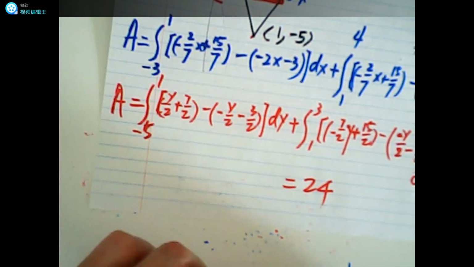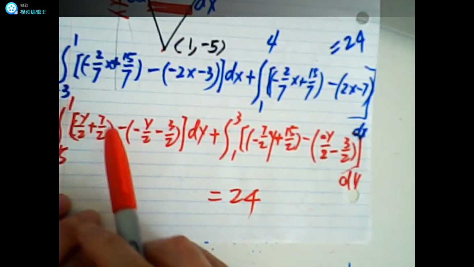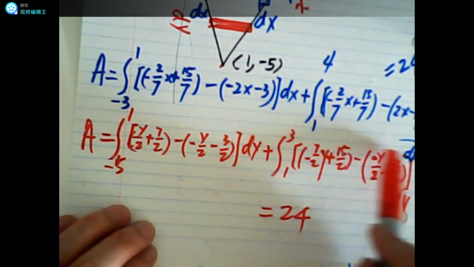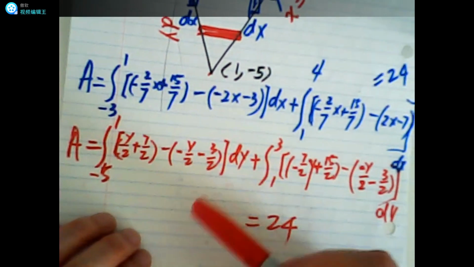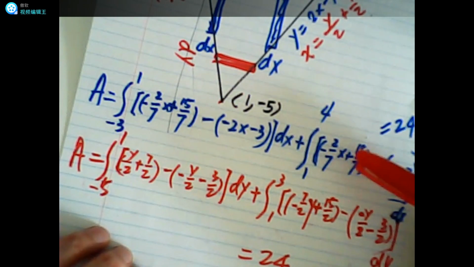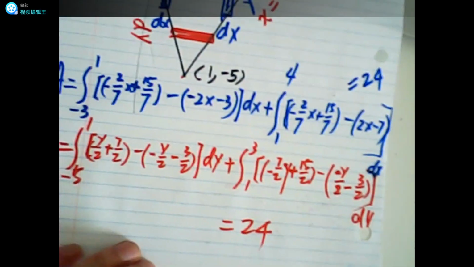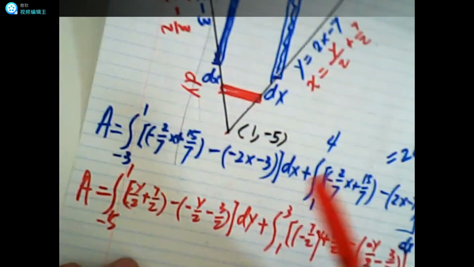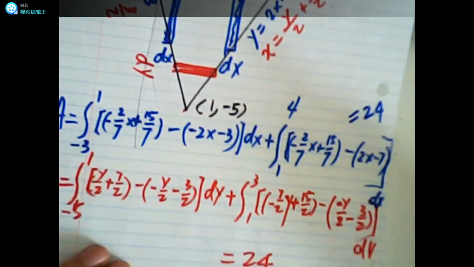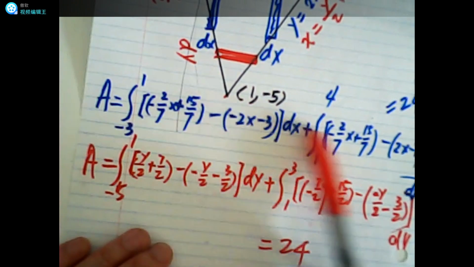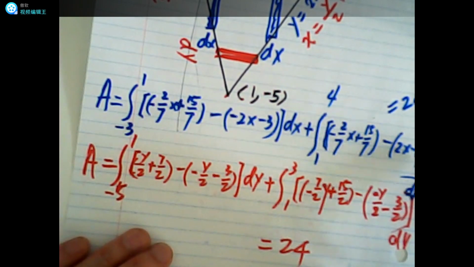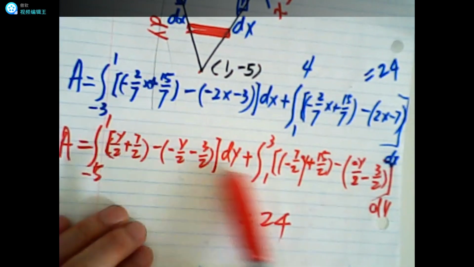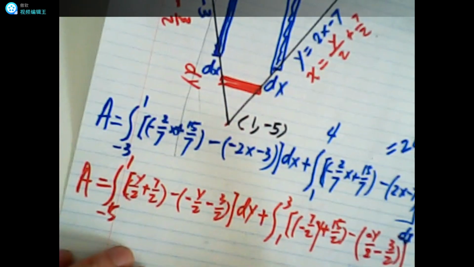You may calculate the details to verify that the area can be found through different integrals. You get the same result. This is the integral with respect to x, and this is the integral with respect to y.